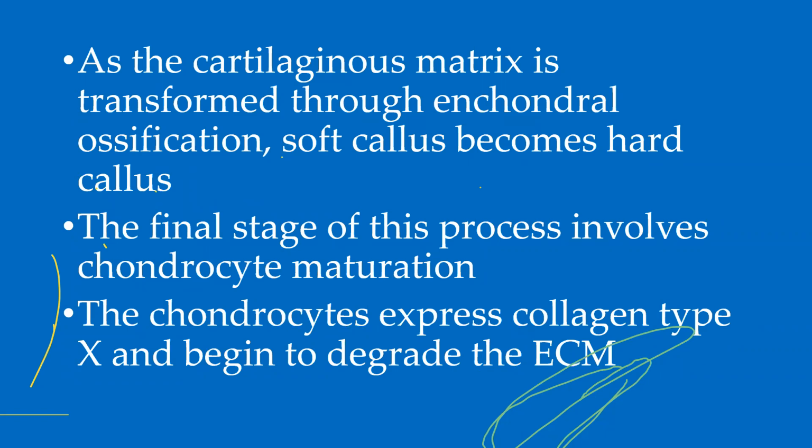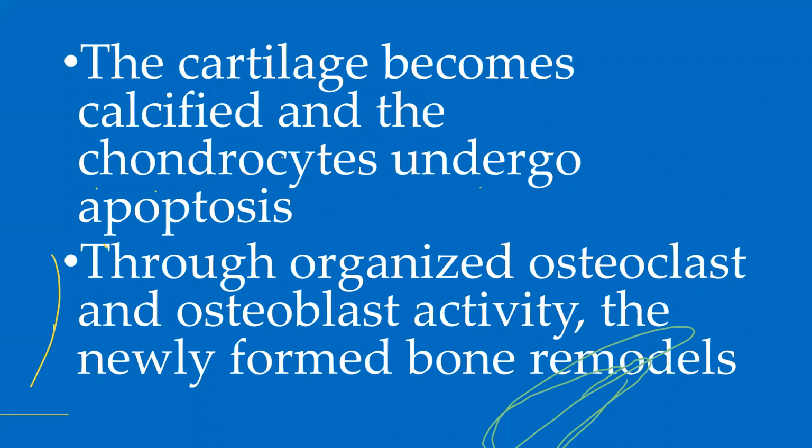The chondrocytes express collagen type 10 and begin to degrade the extracellular matrix. The cartilage becomes calcified and the chondrocytes undergo apoptosis through organized osteoclast and osteoblast activity. The newly formed bone remodels.